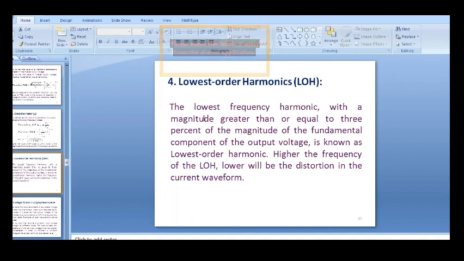How is the derivation actually done for the inverter? Suppose we consider a full bridge inverter using transistors and diodes, feeding a load.